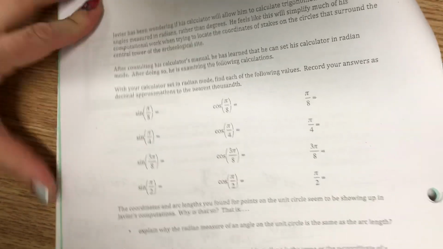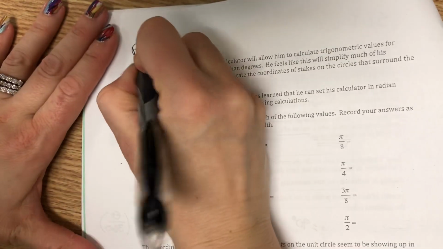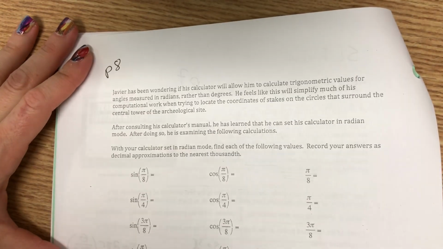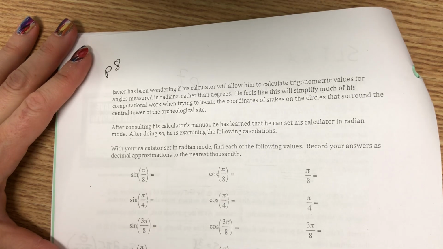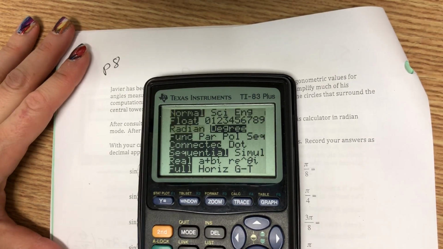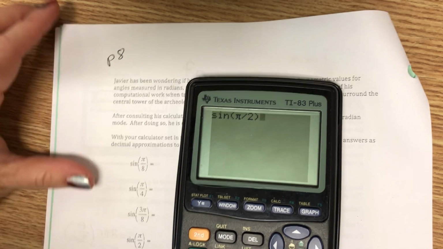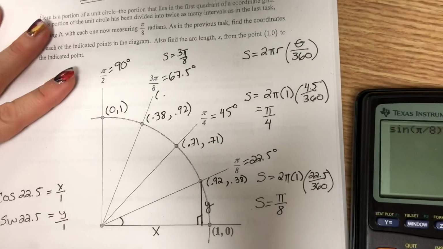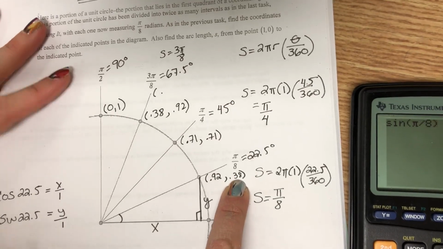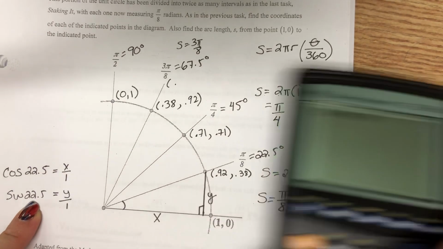All right, on the back, page 8. Javier's been wondering if his calculator will allow him to calculate trig values for the measures in radians rather than degrees. He thinks this would make his life a lot easier. Well, let's see. If you go to mode and change to radian, hit enter on radian, quit. If I type sine of pi divided by 8, I would expect it to give me 0.38, because that was the sine, the y coordinate.